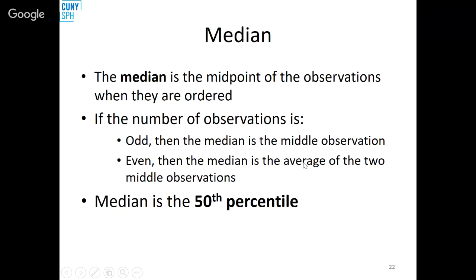I'll just mention, as a point of curiosity, that there are different ways of calculating the median, and for a small number of observations, like if you only have 4 or 10 observations, you'll see differences between different statistical software. If you do it in Excel and you do it in SPSS, you actually see slightly different answers. It's usually not a big difference, but a bit of a difference. In terms of percentiles, median is the 50th percentile.